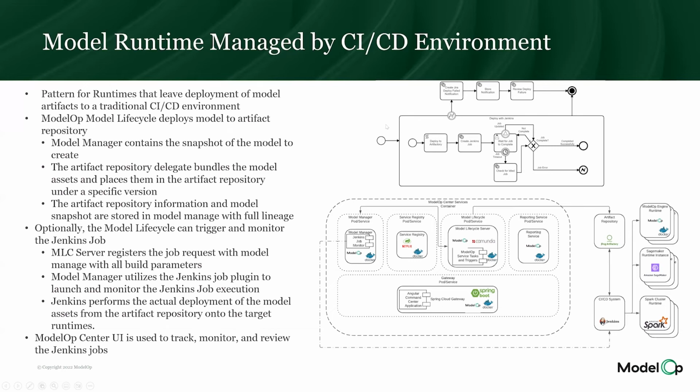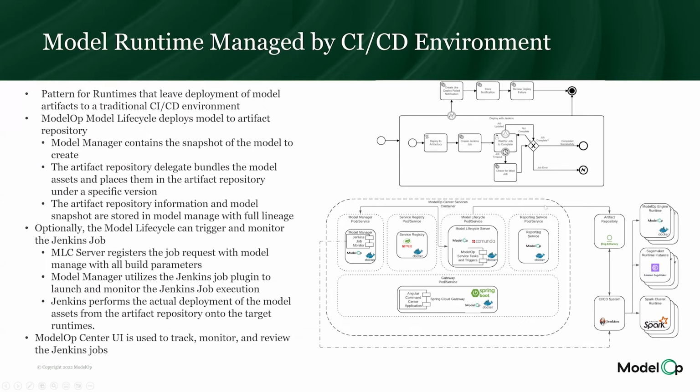So rather than us deploying directly onto the runtime, either in job form or as a dynamic responsive endpoint, like in the ModelOp runtime, instead we look at doing the deployment into an artifact repository such as JFrog or other industry standard artifact repositories.